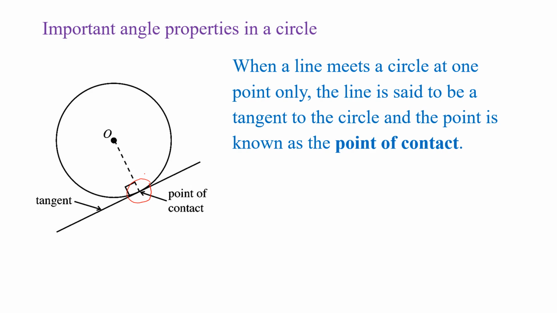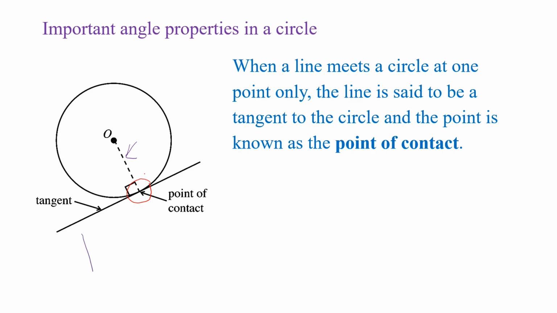Usually you'll be given the gradient of the tangent line, and with that you can find the gradient of the radius, the line that's perpendicular to the tangent line. Actually, the line that's perpendicular to your tangent line is called the normal line.